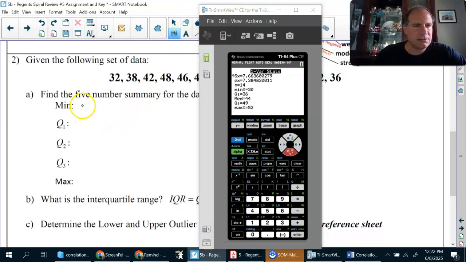So the min is 30. Quartile 1 is 36. Quartile 2, which is the median, just want to make sure everybody understands that, is 44. And then quartile 3 is 49, and the max is 52.